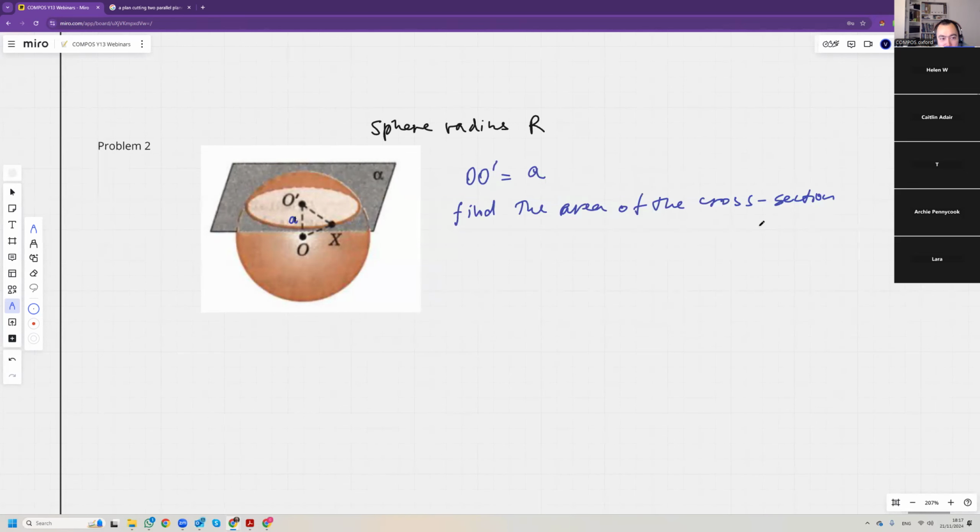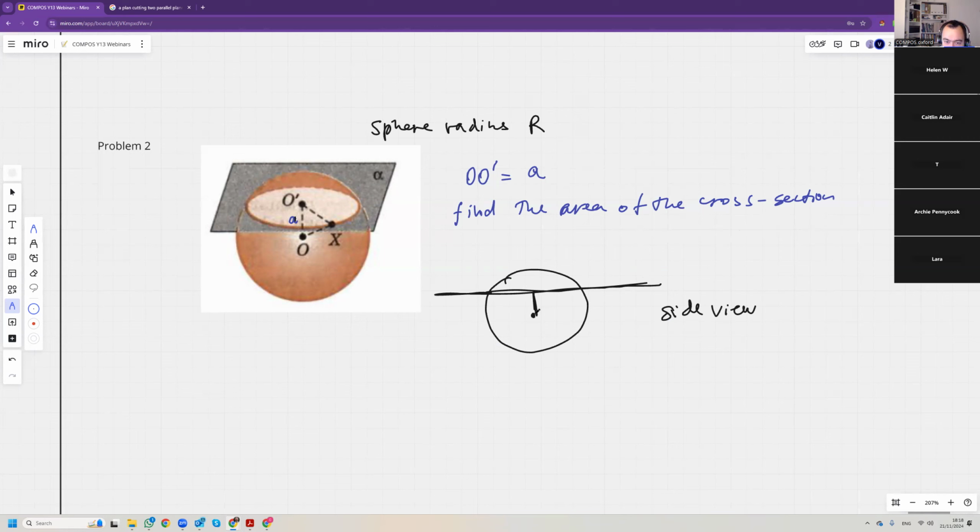Well, I think you can imagine what's going on. So you have a sphere and you're slicing it. So from the side view, it looks like this. This is the center of the sphere.